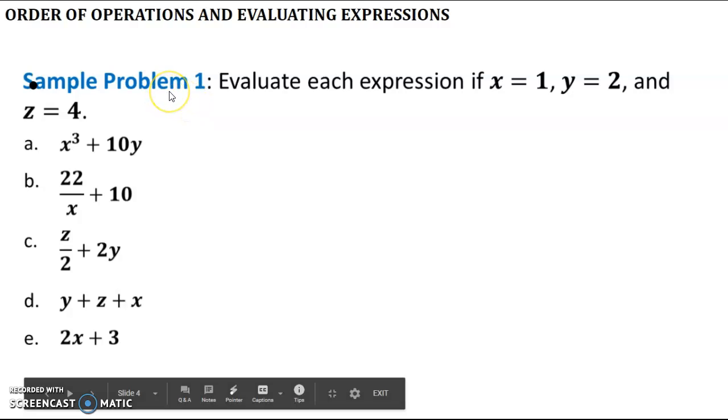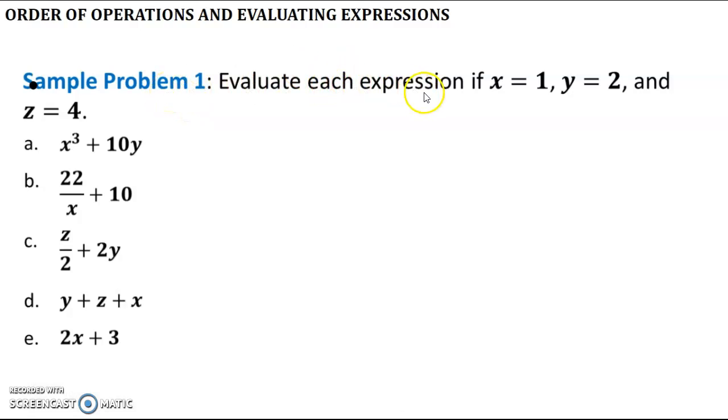Here are some sample problems. It says evaluate each expression if x equals 1, y equals 2, and z equals 4. So you're going to put in the numerical value for the variable into the problem. For this first one, you substitute 1 for x.